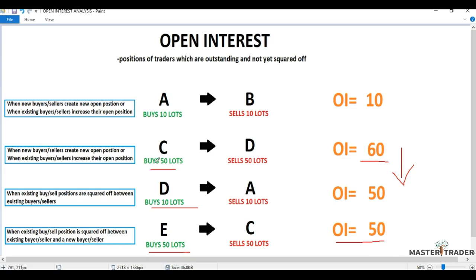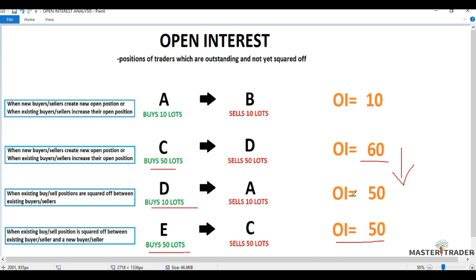These 50 lots have simply gone to a new player, E. So there is basically no exchange of new shares. E was simply buying the 50 lots from C, who had them already earlier.